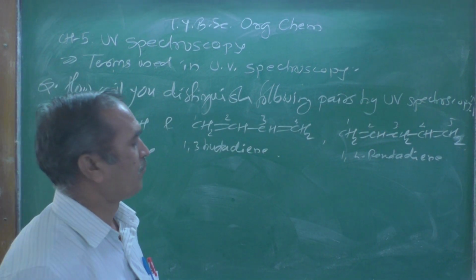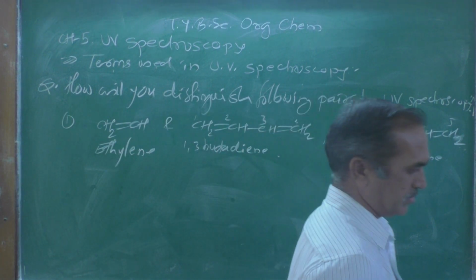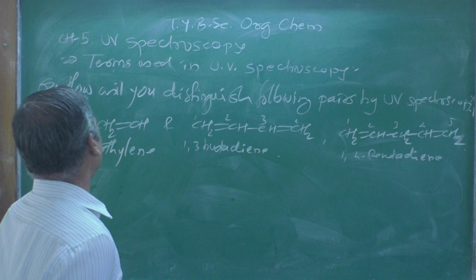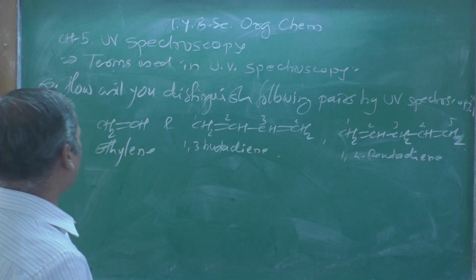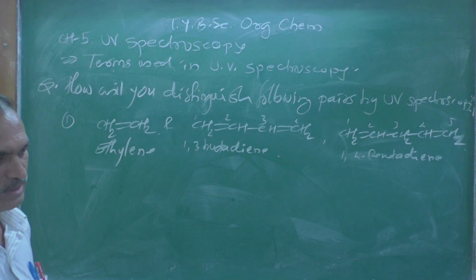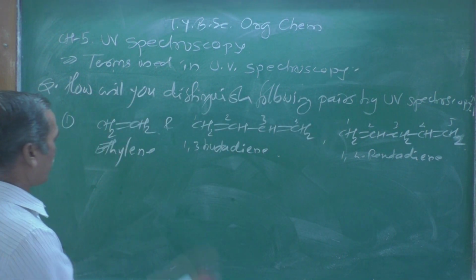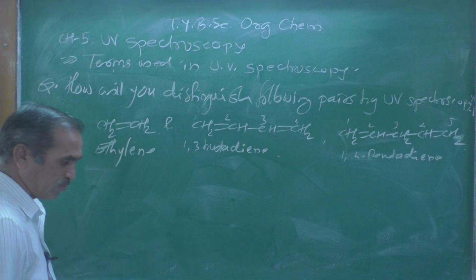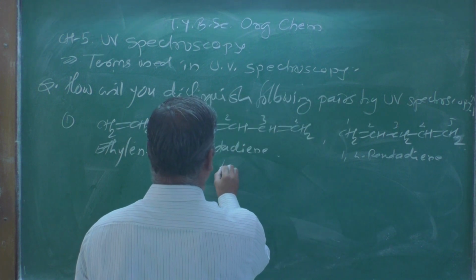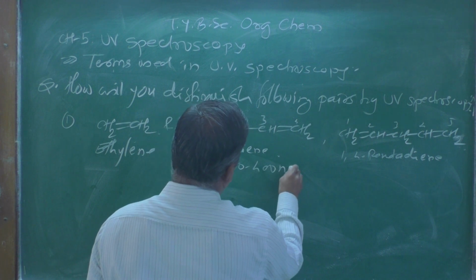Now, if you observe these three structures carefully, how do you distinguish them by UV spectroscopy? Remember, carbon-carbon, this one, CH2 ethylene, cannot be recorded or measured in an ordinary UV spectrophotometer, which works in the wavelength range of 200 to 400 nanometer.